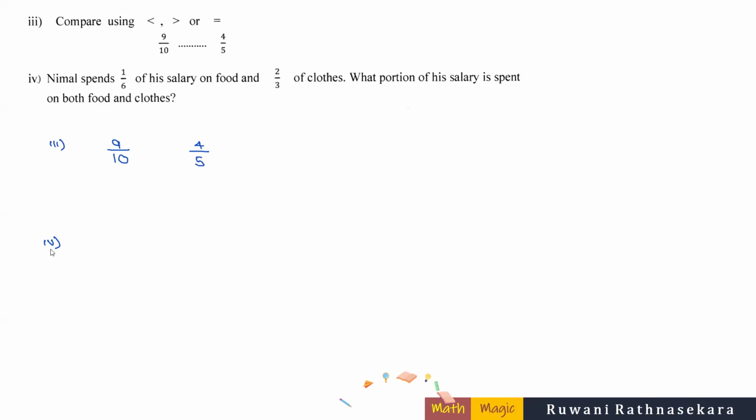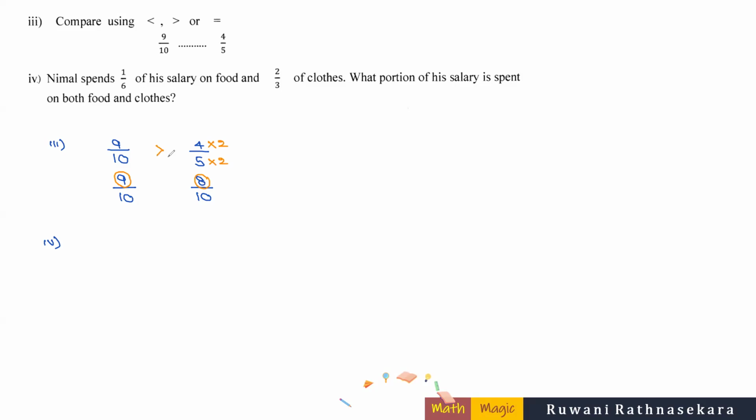To compare them, easily you can equal the denominators firstly, because fractions with equal denominators can be compared very easily. You can equal 5 to 10 by multiplying by 2. Accordingly, the first fraction does not change. The second fraction will become 8/10, where the first one is greater than the second one because 9 is larger than 8. Right? Therefore, the symbol to connect them with is greater than.